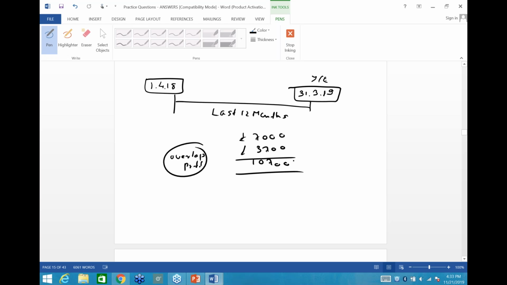Overlap profit is a profit on which we have paid taxes twice. So the overlap profit is 3,700, which indicates that on this 3,700 we have paid taxes twice in two separate tax years.